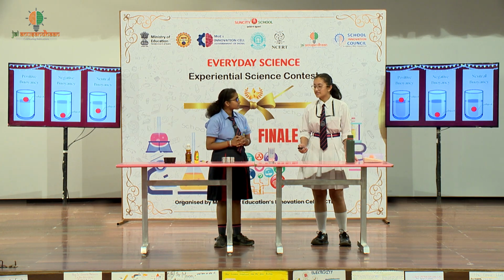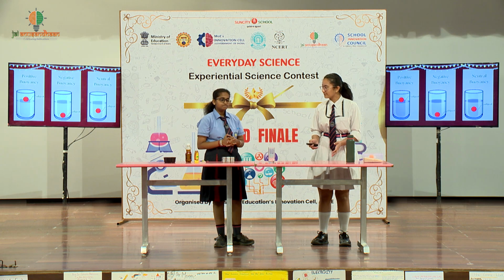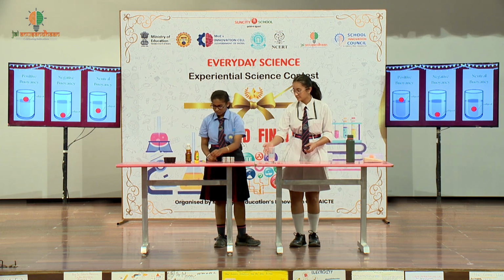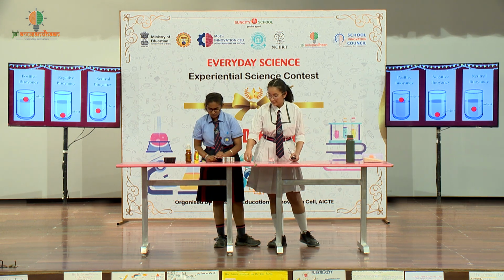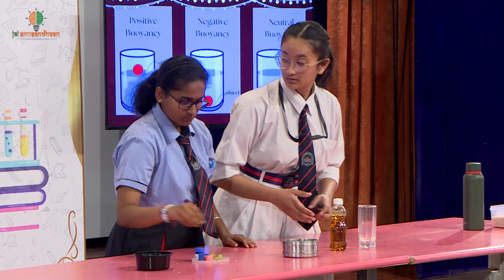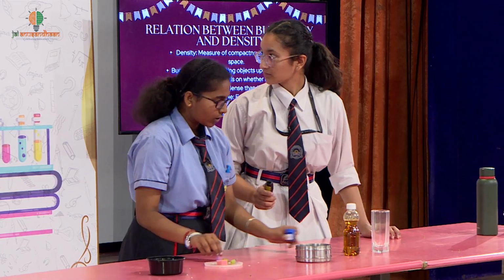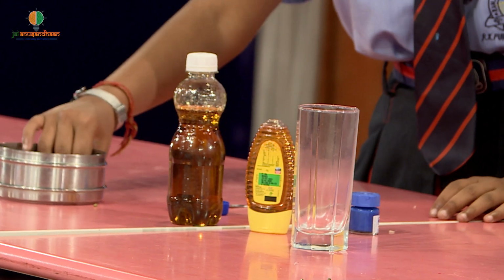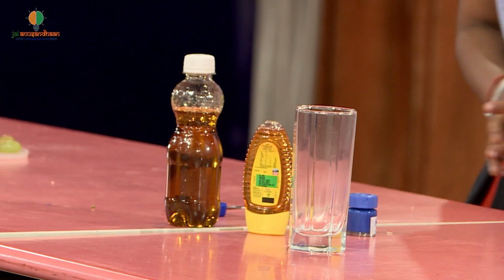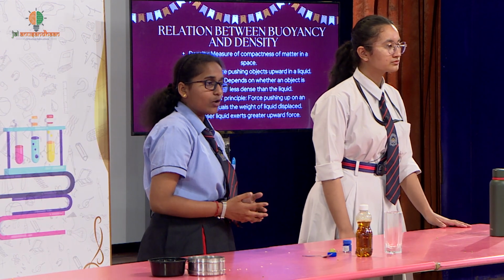Moving further, let's demonstrate an experiment to show buoyancy in liquids. For this experiment, we'll be needing a glass, a metal piece, honey, oil, a grape, a plastic cap, watercolors, and a spoon. But before we start, let us understand the difference and the relation between density and buoyancy.